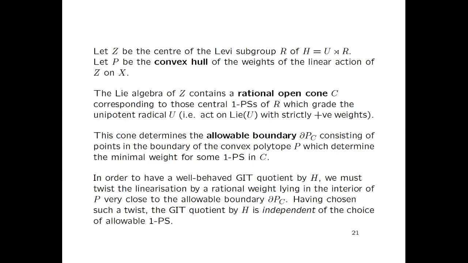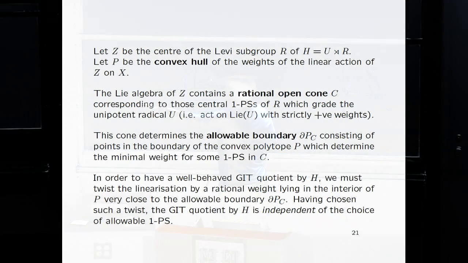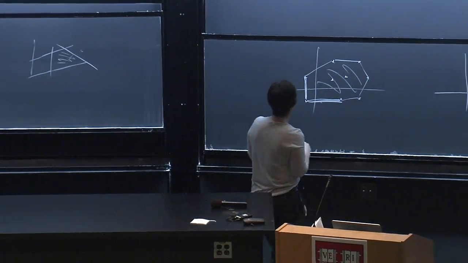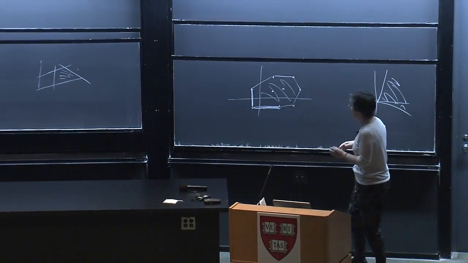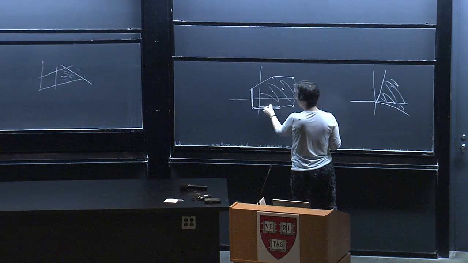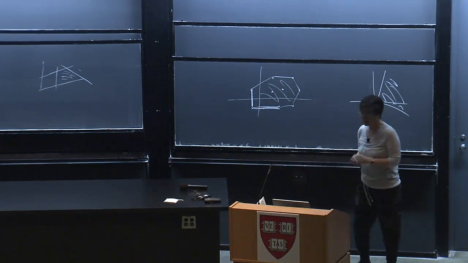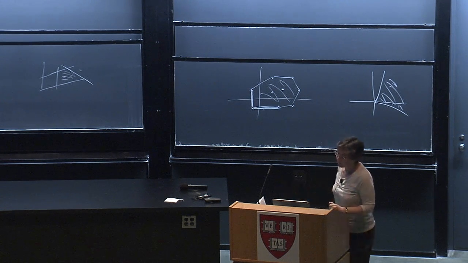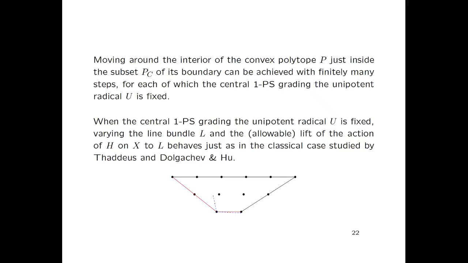So we don't have exactly the same sort of picture of convex chambers, but in this polygon we're only allowed to look at what happens relatively near to this piece of the boundary.